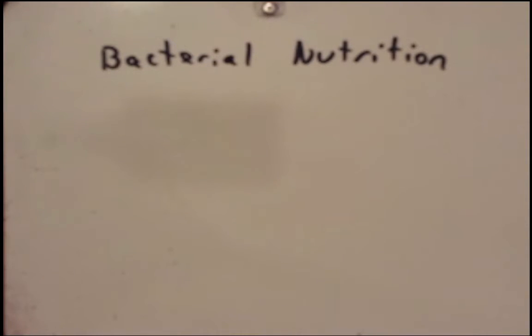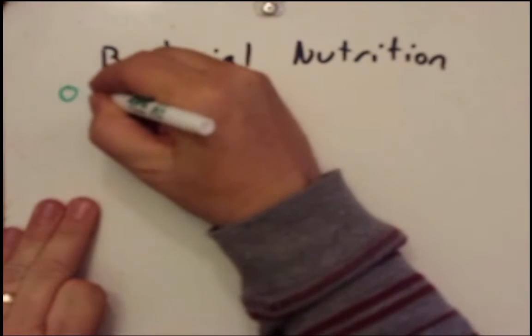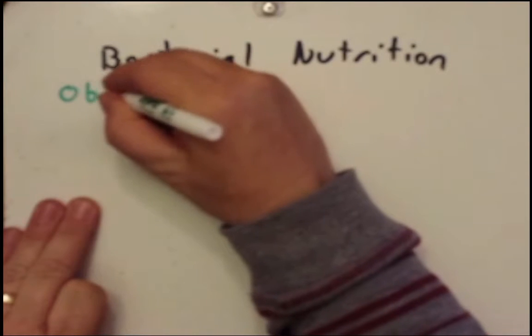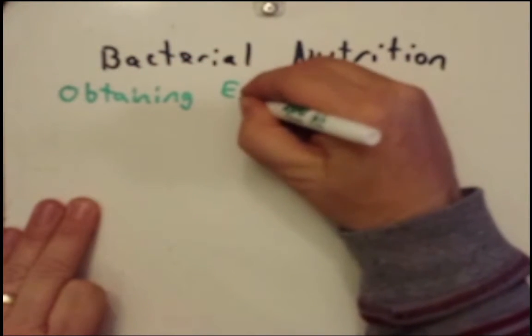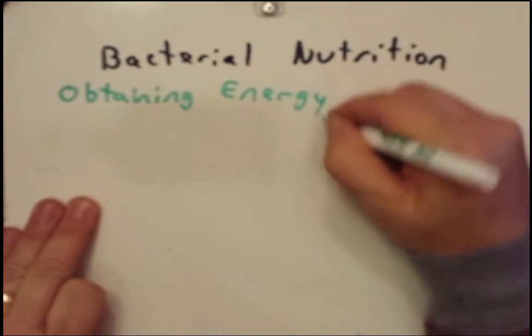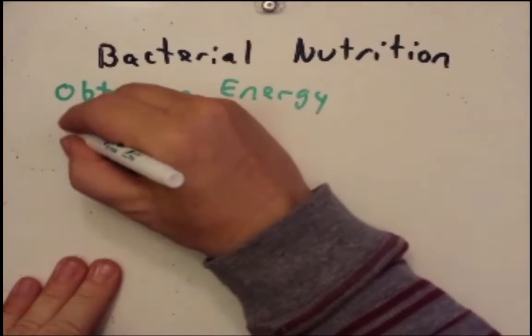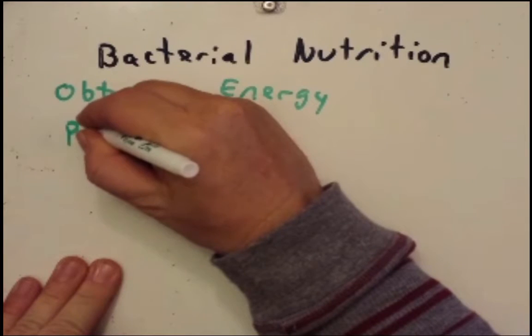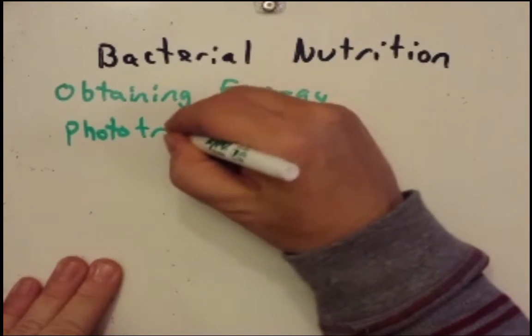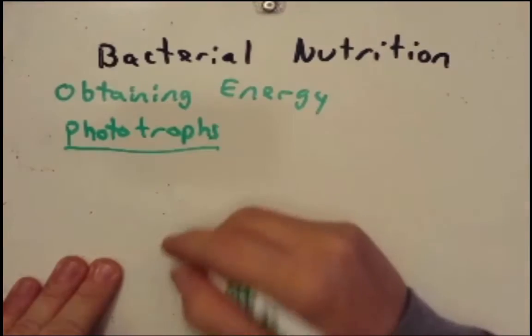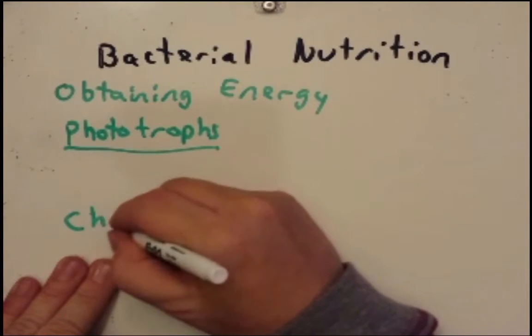We want to think about how prokaryotes obtain energy and how they obtain carbon. So let's first think about obtaining energy. We can think of two different ways. One is if the bacteria are phototrophs, or if they are chemotrophs.